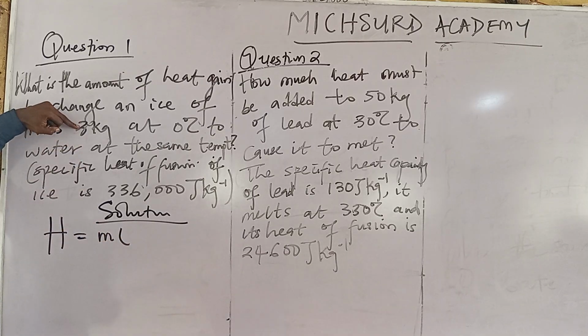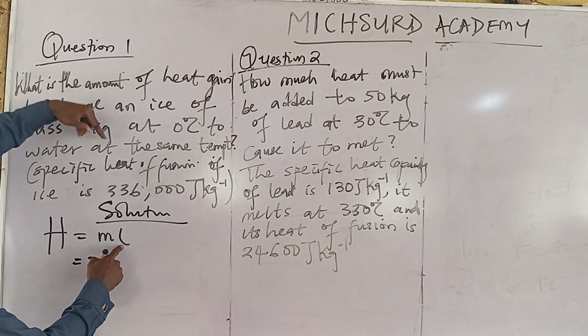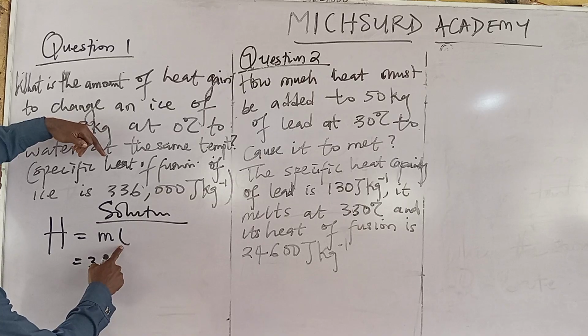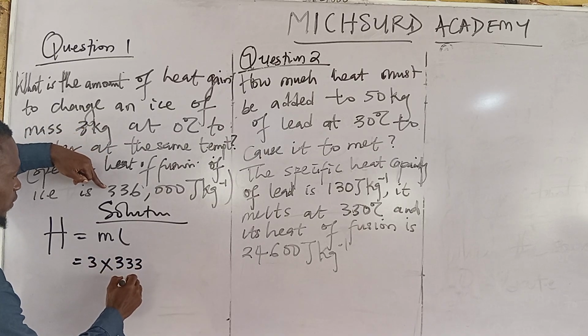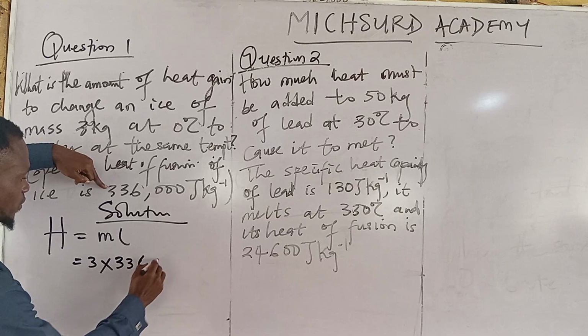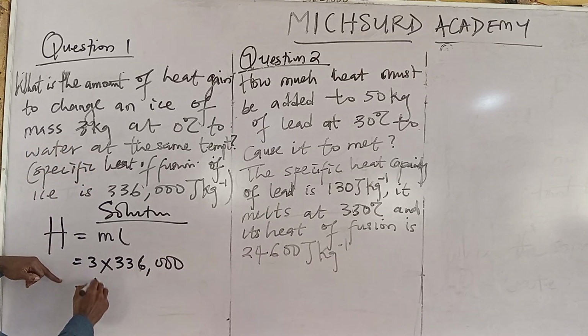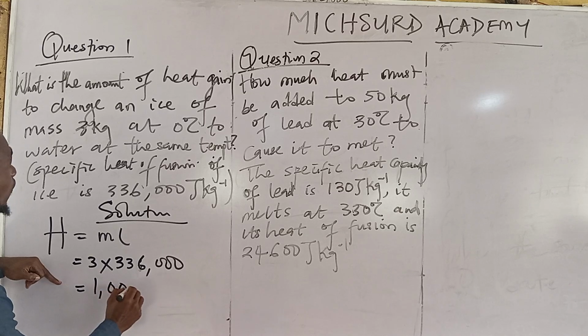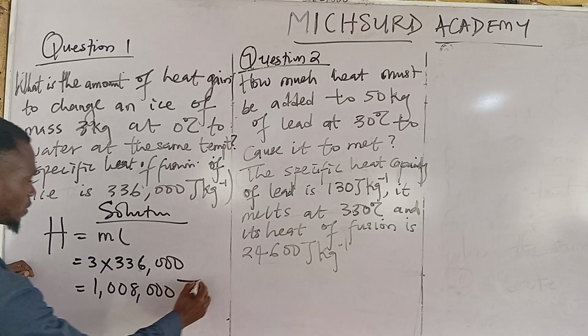Here we have the mass as 3 kg, so we substitute: 3 times the specific heat of fusion, which is given as 336,000. If you multiply this, it will give us the answer in joules.